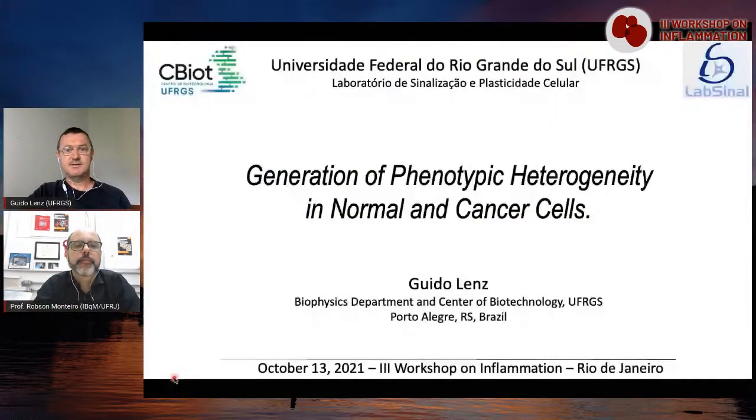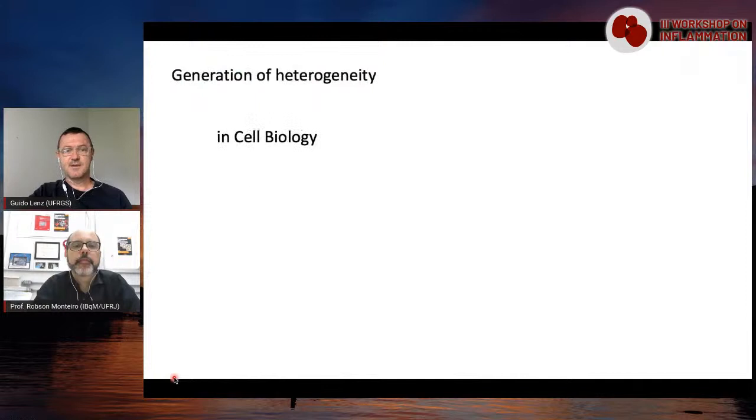Thank you so much. Thanks, Robson and the organizers, for inviting me. It's a great pleasure to be here at this wonderful event. Today I'm going to talk about the generation of phenotypic heterogeneity in normal and cancer cells.